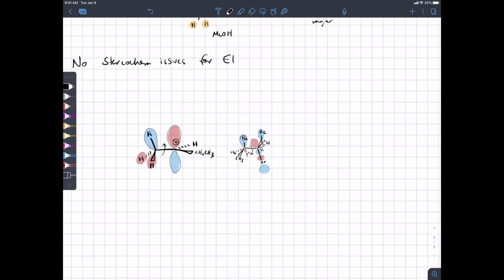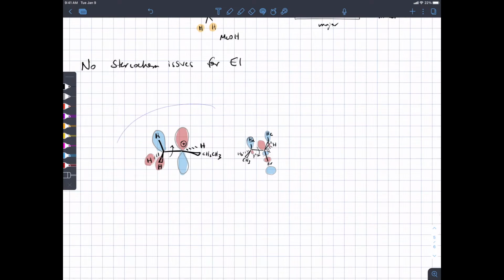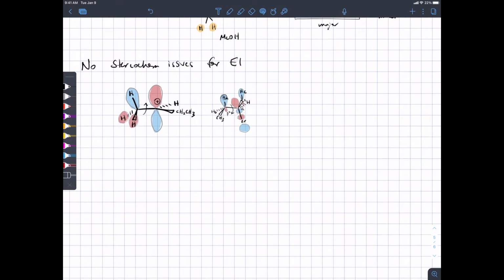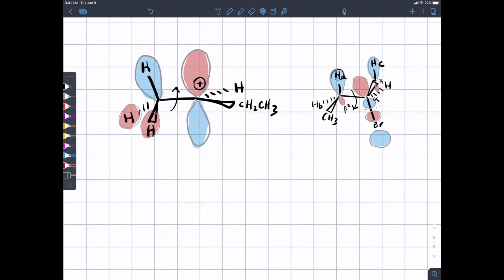Yeah? So the first example makes sense, why it doesn't matter when there's three hydrogens. But the example on the right, where both sides... Okay, I see where you're coming from. It's different. So let me just redraw this molecule so it's a similar thing.